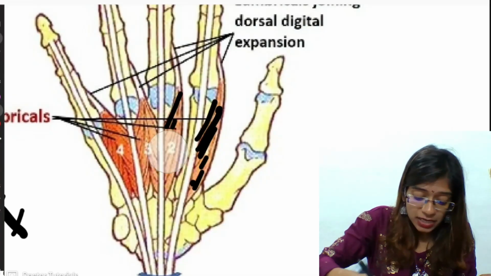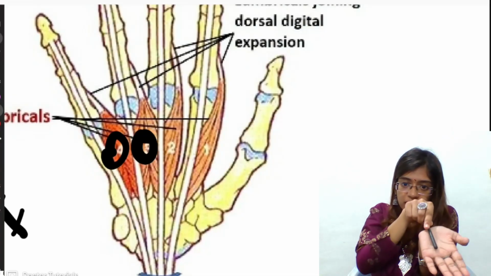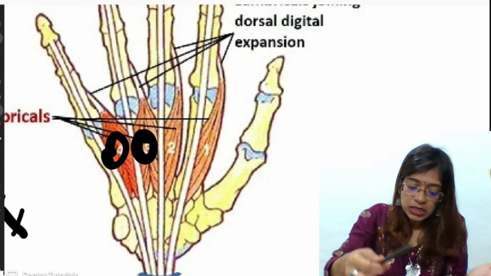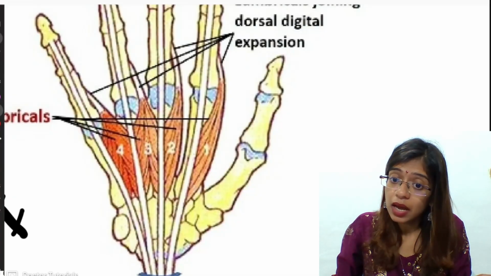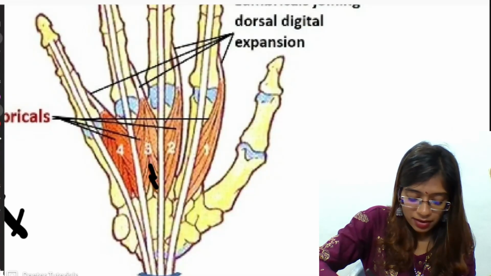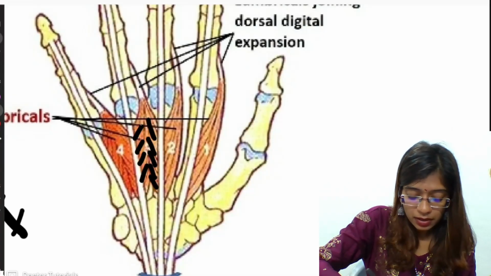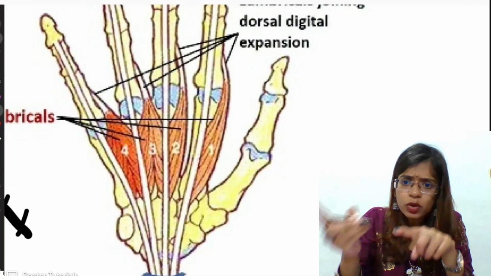The third and fourth lumbricals are bipennate. That means you can see two sets of fibers. Do the third and fourth look like the first and second?